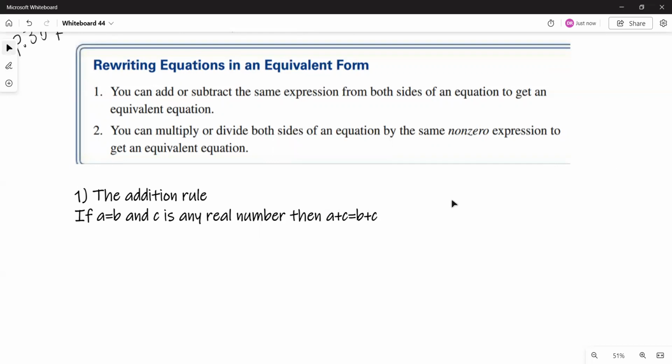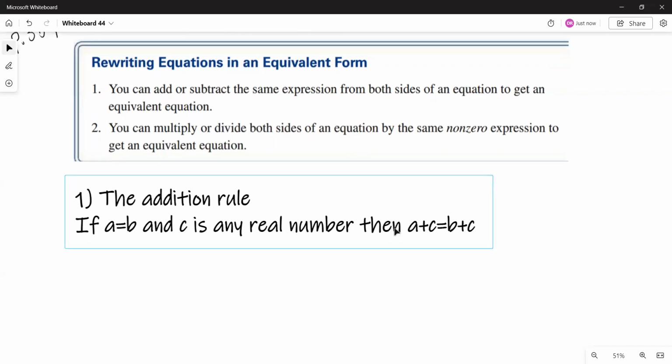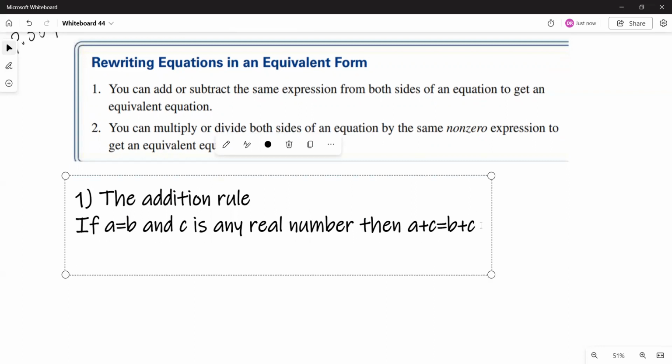So the word equation comes from equal. Adding the same thing to both sides is not going to change the fact that the expressions are equal.